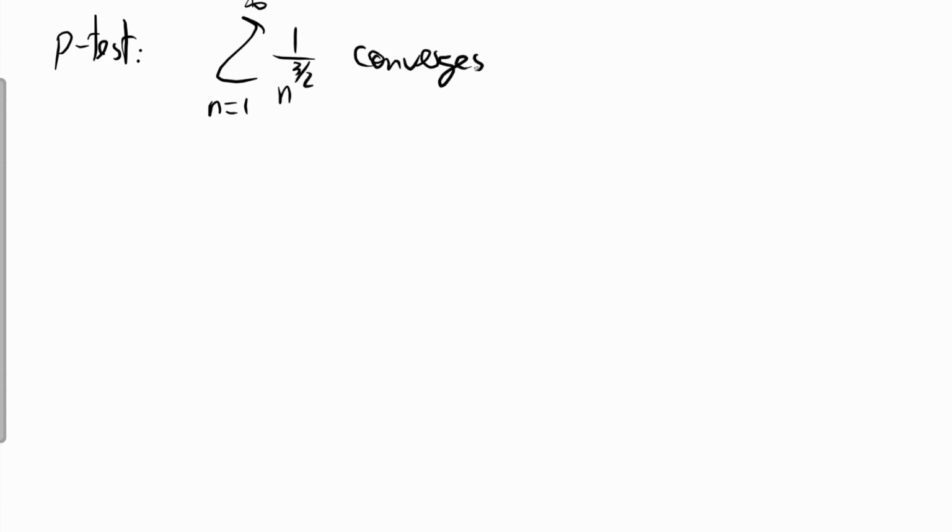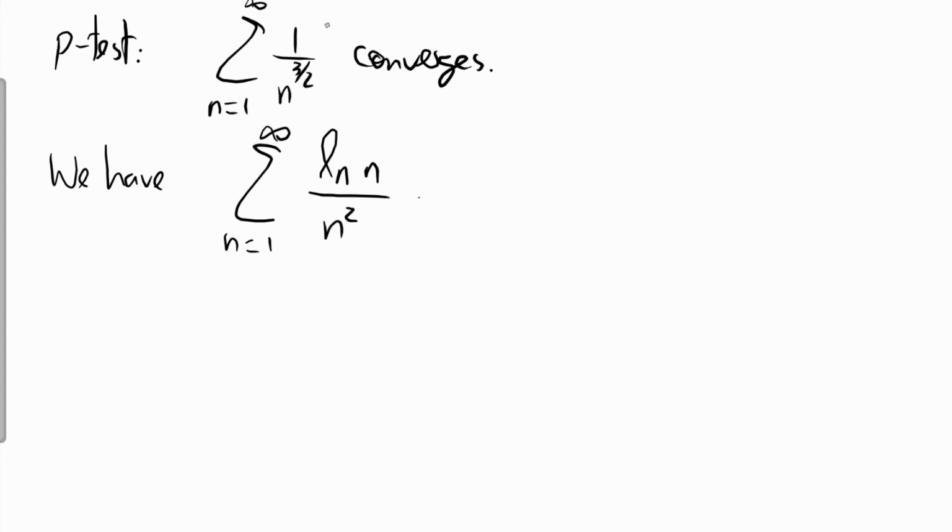Okay, so good. By the p-test, this series from n equals 1 to infinity of 1 over n to the 3/2 converges. And here what we're interested in is the series of natural log of n over n squared. So now we're going to use our limit comparison test. We're going to look at the limit as n goes to infinity.